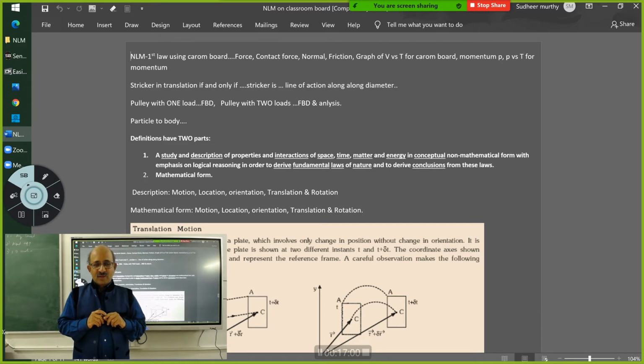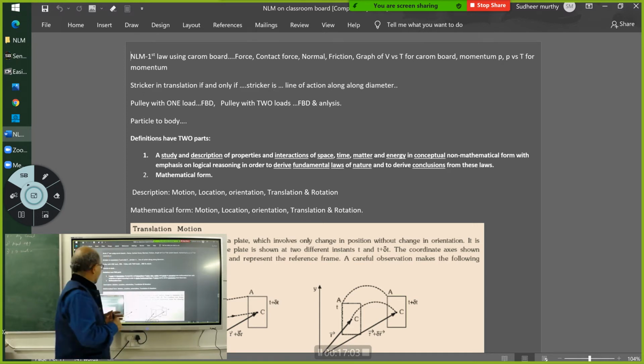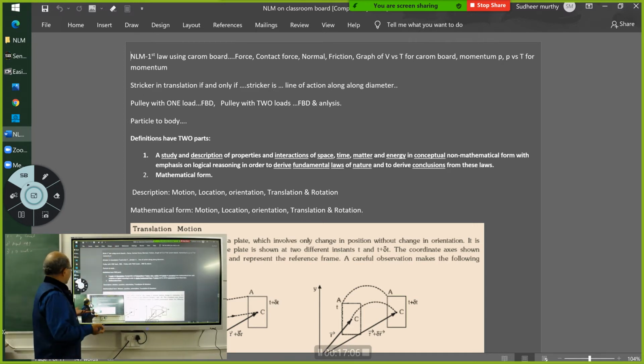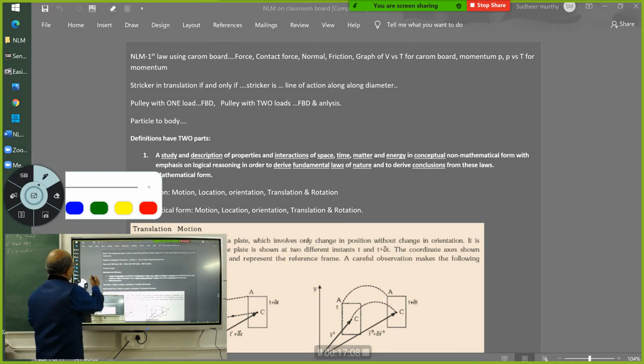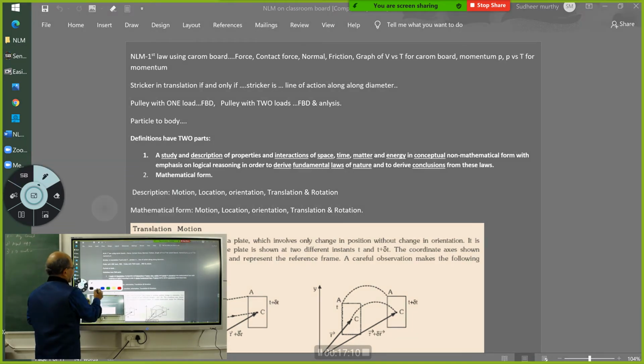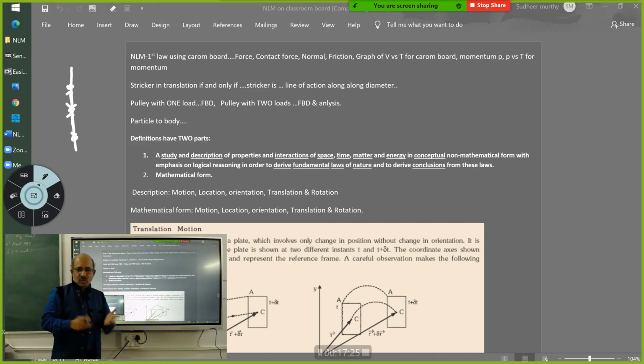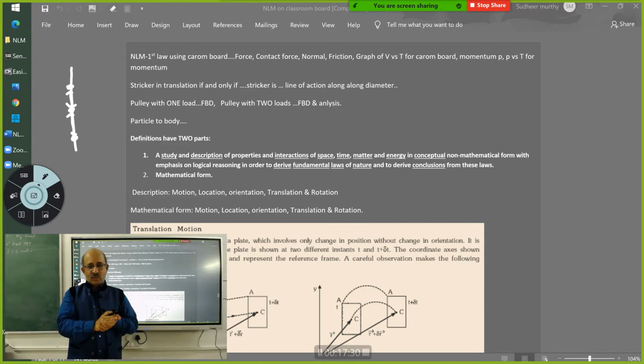See, if you take a string, there are molecules in the string. They are bound to one another by what? By internal forces. So internal forces also are forces, right? So I did not ask you what is external force. Correct? Wait, first let me correct this gentleman.